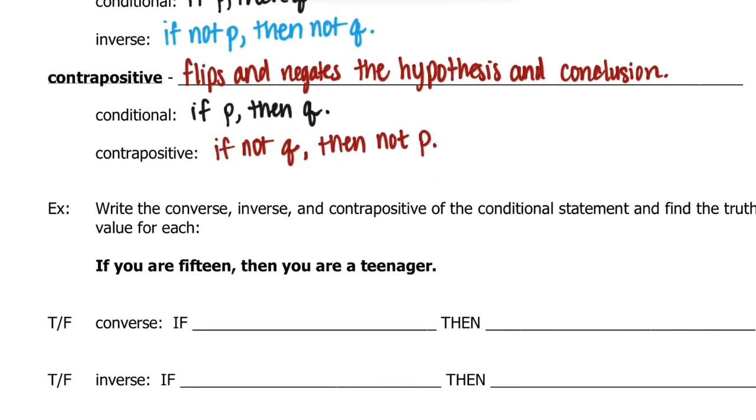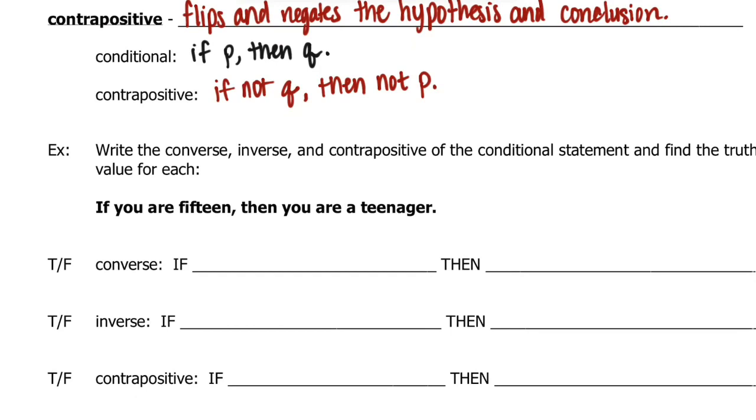So let's try this with some real hypotheses and conclusions. If you are 15, then you are a teenager. The converse is going to flip. I'm just going to highlight so I can see my hypothesis and my conclusion.